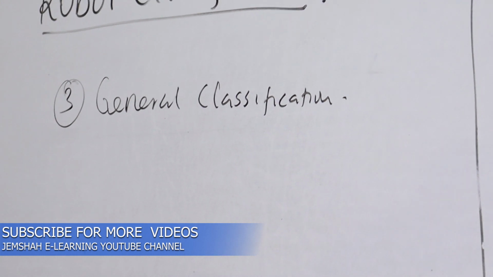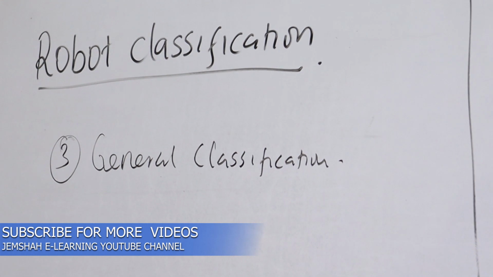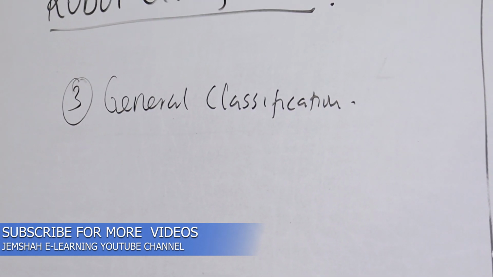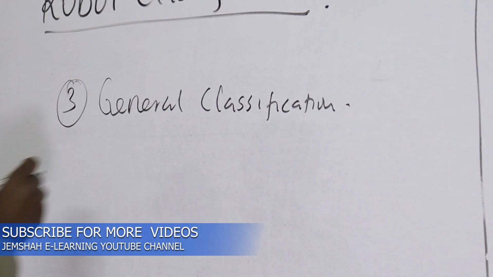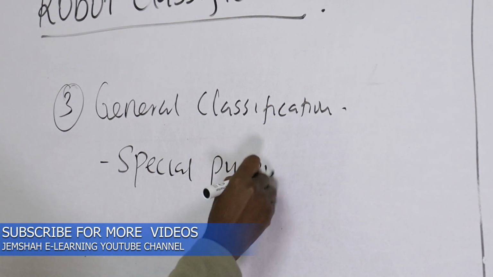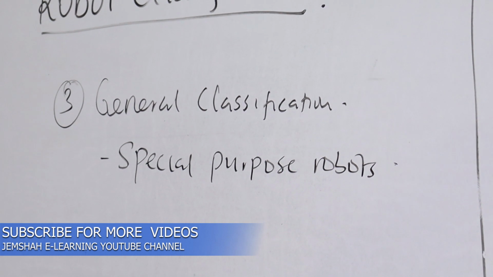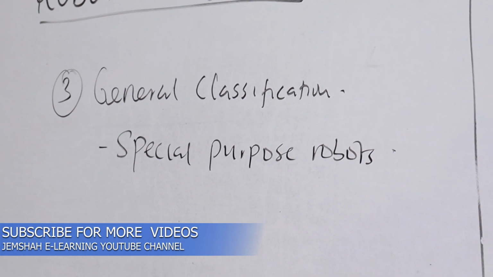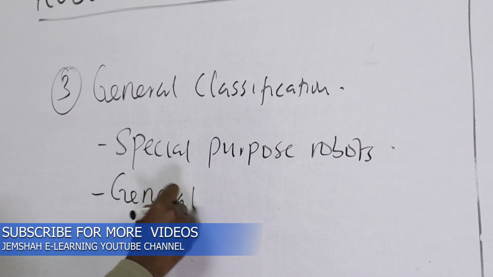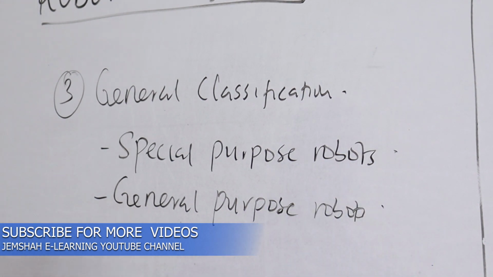According to the general methods of classification, robots can be classified into two: special purpose robots, and the other one, general purpose robots.